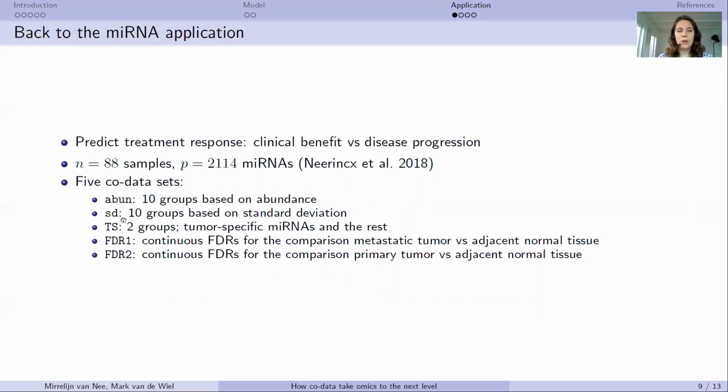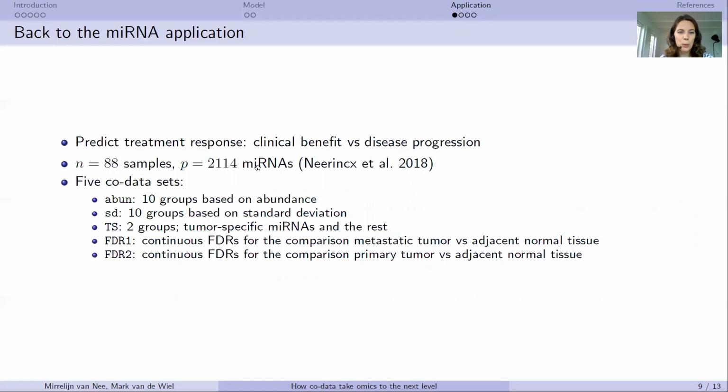And we have 3 codata sources based on false discovery rates. One is simple, 2 groups: a group with tumor-specific microRNAs and one group with the rest. And then we have 2 different false discovery rates, one for the comparison between metastatic tumor and normal tissue, and one for primary tumor and normal tissue.